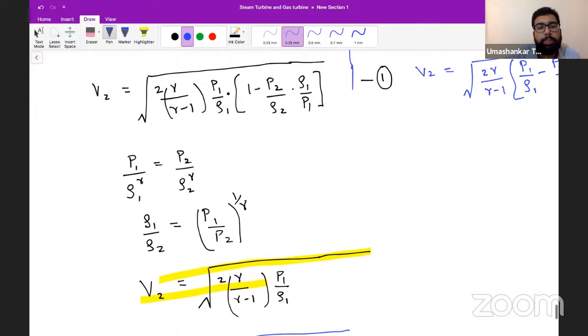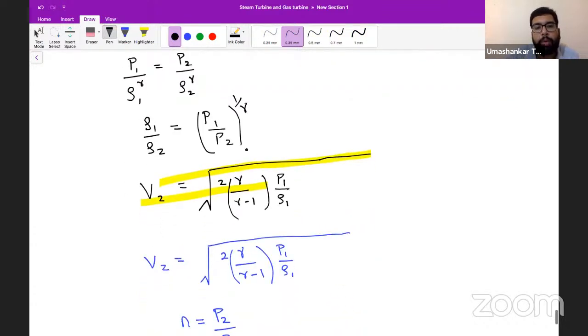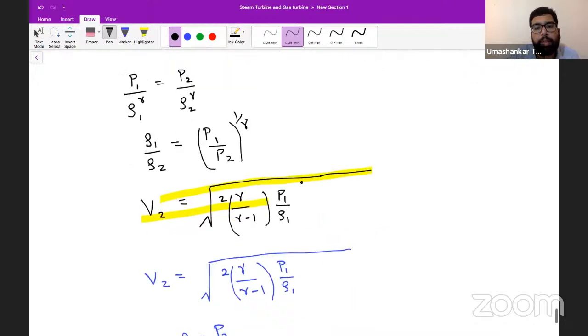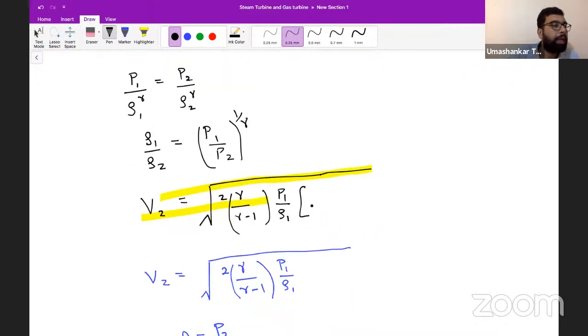Please make the changes. I am putting rho 1 by rho 2 equal to P1 by P2 in this relation, so it comes out to be P1 rho 1 times 1 minus P2 by P1 to the power gamma minus 1 by gamma.